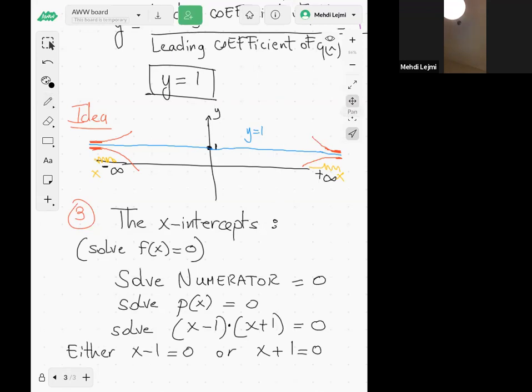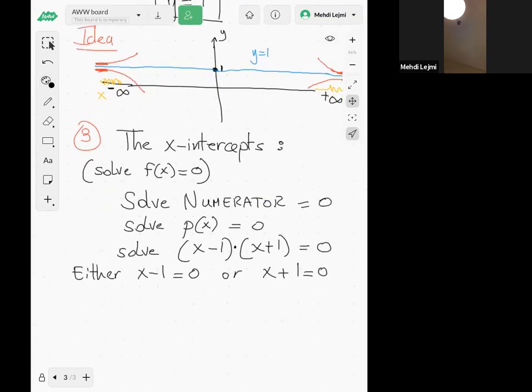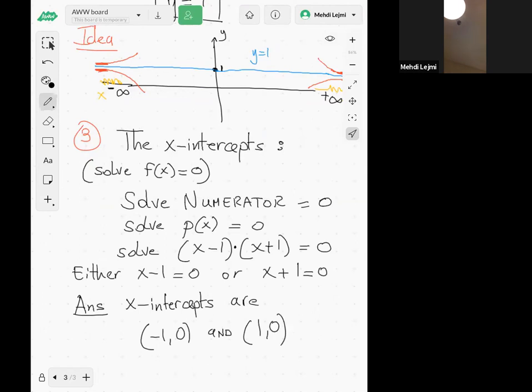So we have two x-intercepts at negative 1 and at positive 1. All right, so the answer here, the x-intercepts are negative 1 and positive 1. Okay, that's for the x-intercept.